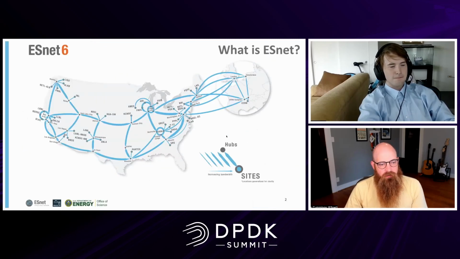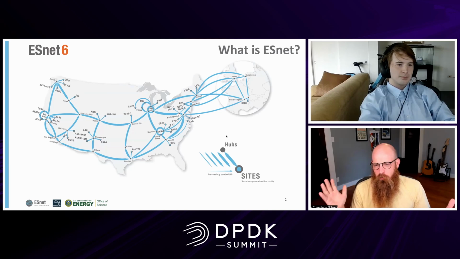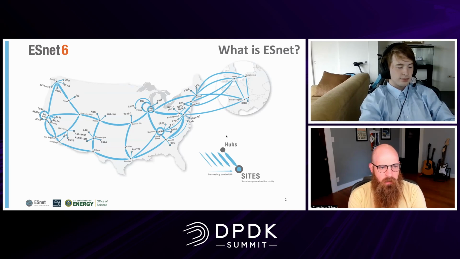So first things first, I'll give a little bit of background about what ESnet is and why we would want to build something crazy like this. ESnet is part of the Department of Energy. We're a Department of Energy user facility. Basically our role is to connect all of the high energy particle physics institutions that are DOE funded to other high energy particle physics research institutions, as well as other DOE science concerns.